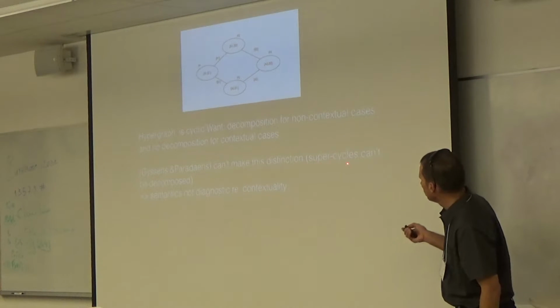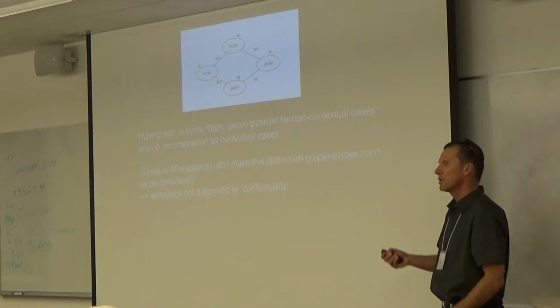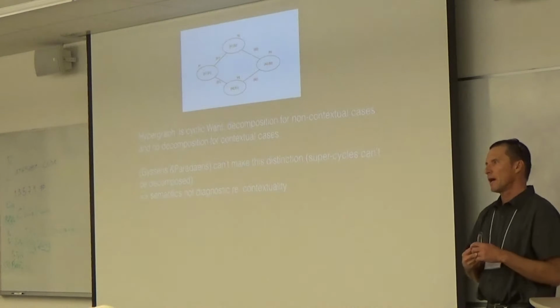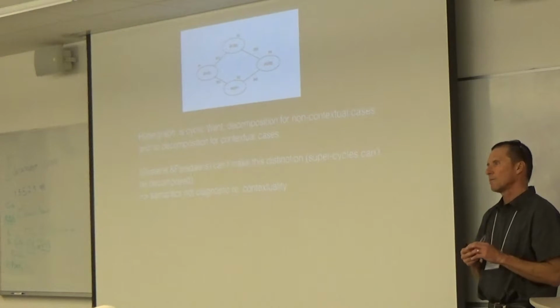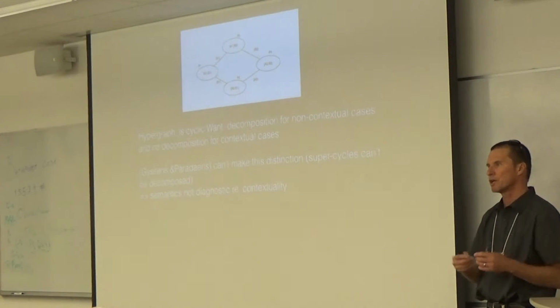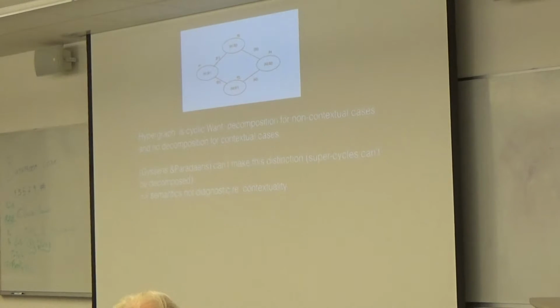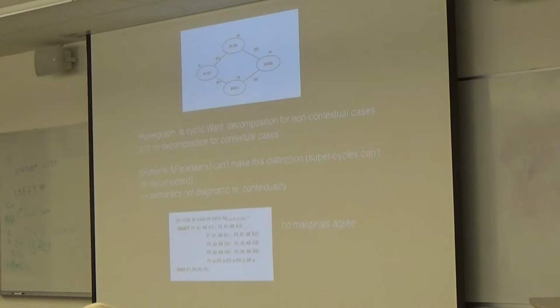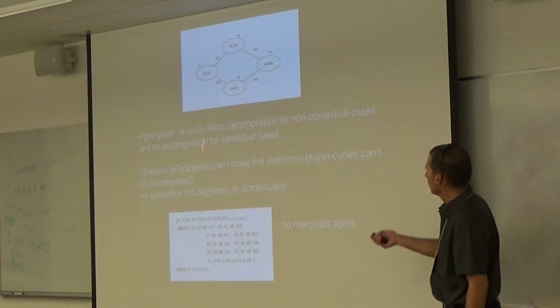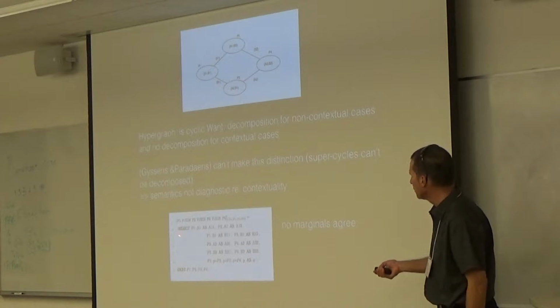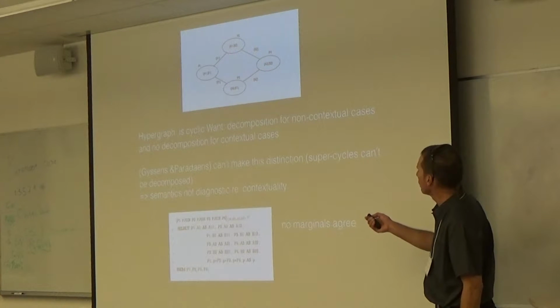So when you're using that sort of theory, the database theory is not diagnostic with respect to contextuality, as we've seen earlier today. What you can do, and this is an example of some operational semantics, is assume that none of the marginals agree.